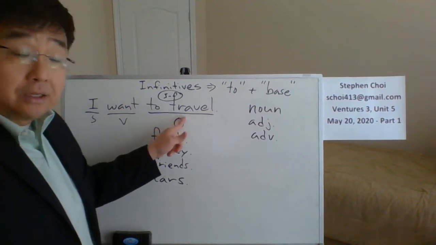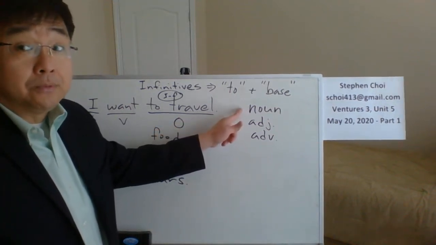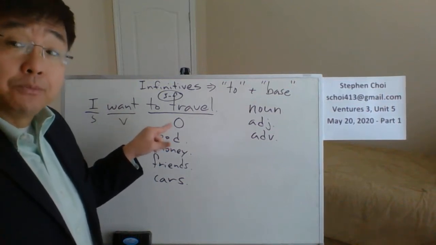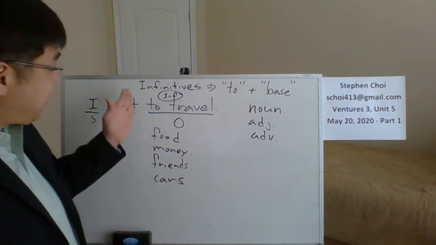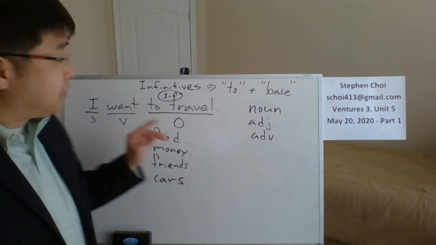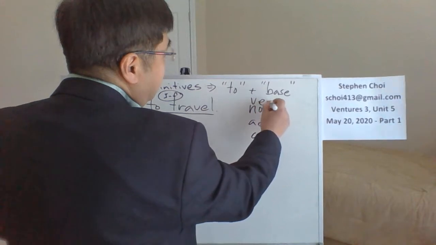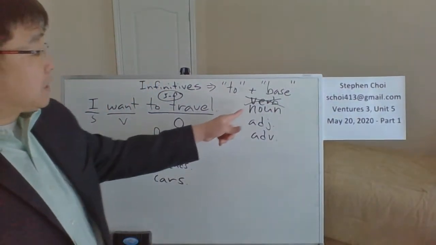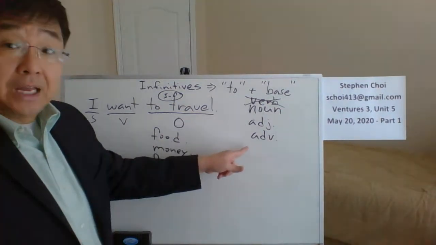This is an infinitive being used as a noun, and in this sentence it is the direct object. So remember, infinitives are never verbs, even though they look like verbs. They can be nouns, adjectives, and adverbs.